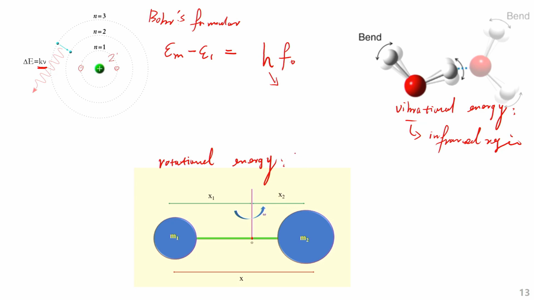So these are three kinds of energy levels, and the rotational energy level is much simpler as it lies in the microwave region. Now we can say that the electronic energy level is larger than the vibrational energy level, and the vibrational energy level is larger than the rotational energy level.